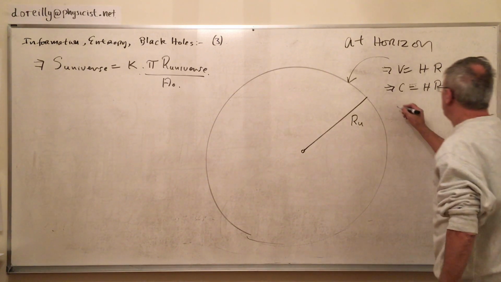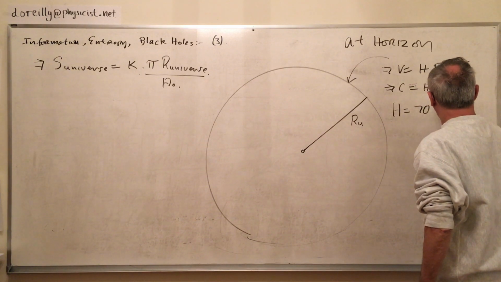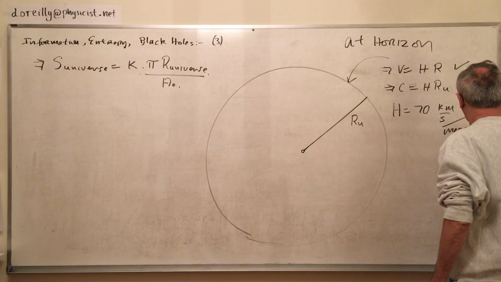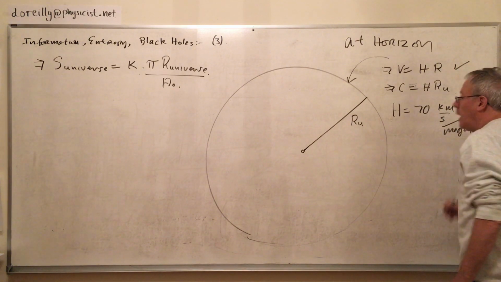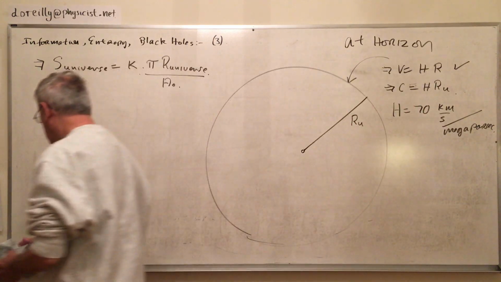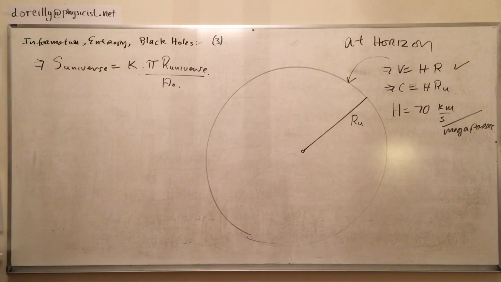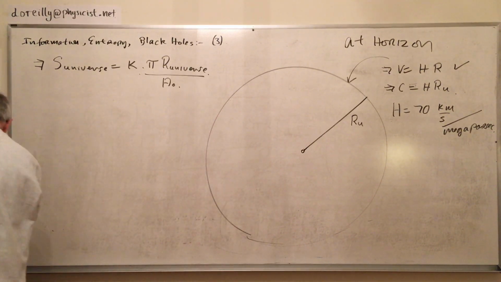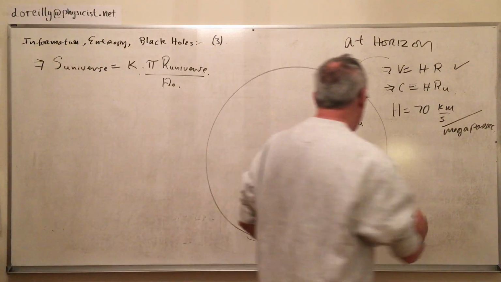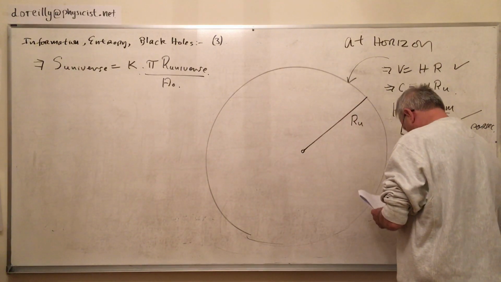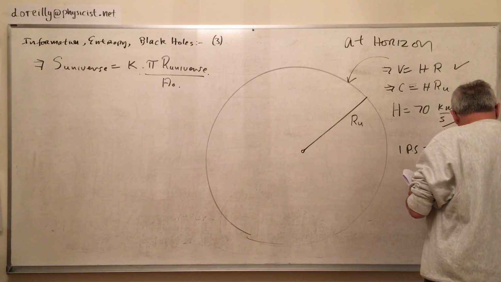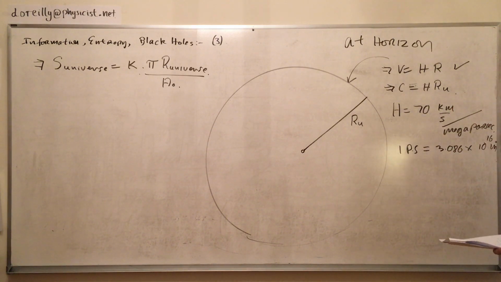So, what is H? H is measured to be approximately 70 kilometers per second per megaparsec. But what's that in real words? I actually converted it. 1 parsec is 0.3086 times 10 to the power of 16 meters.